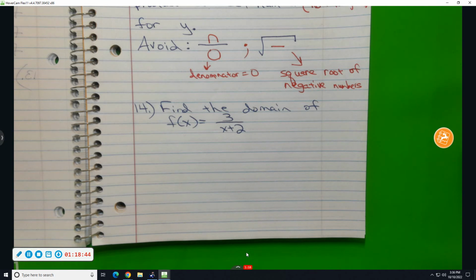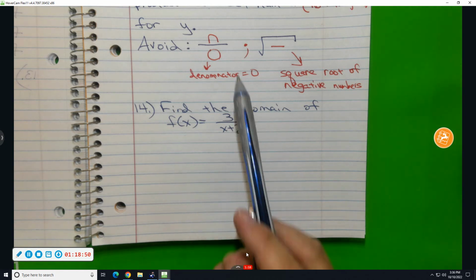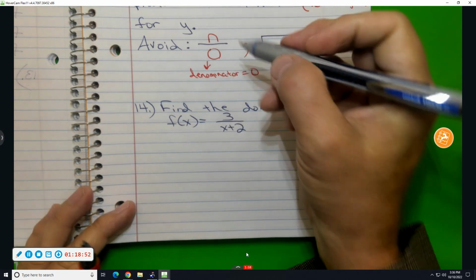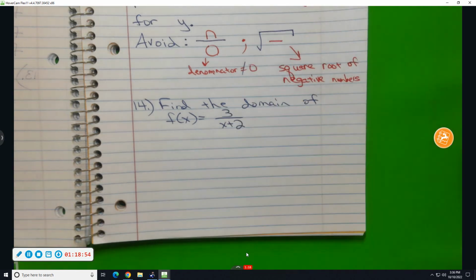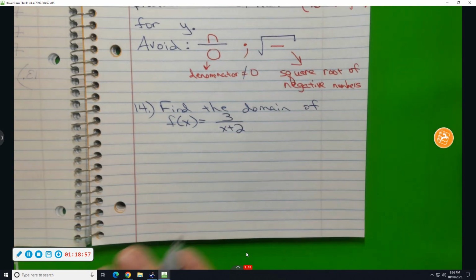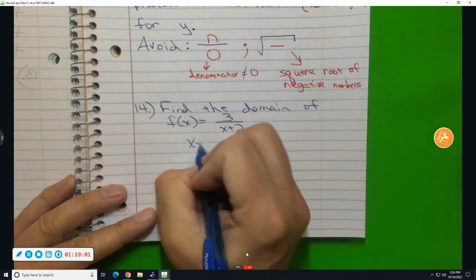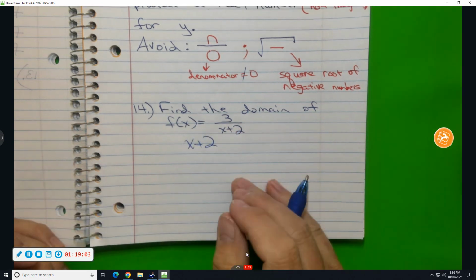This reminds me of those cut points. Think about the denominator cut points. We don't want the denominator to be 0. I guess I should say denominator not equal to 0. Isn't that what we would do? We'd say, oh, here's the denominator, x plus 2. How would we find denominator cut points?